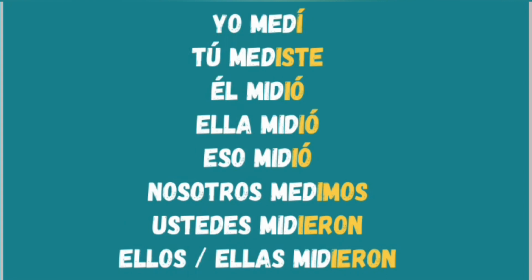If you want to say, I measured, then you have to say, yo medí. Okay, and check how the root word is changing, okay? And then if you have the personal pronoun you, tú, then if you want to say you measured, in Spanish you have to say tú mediste, okay?